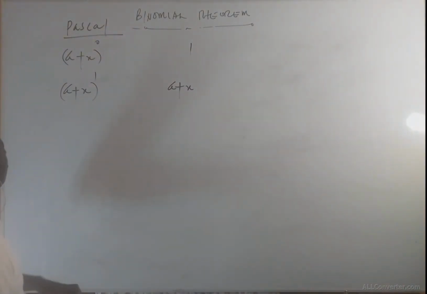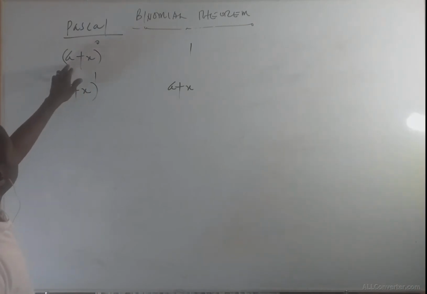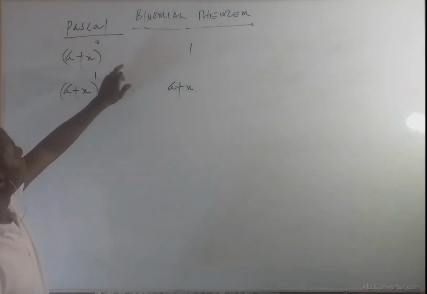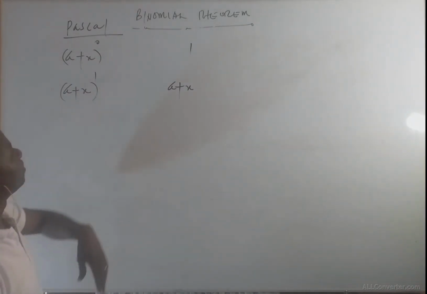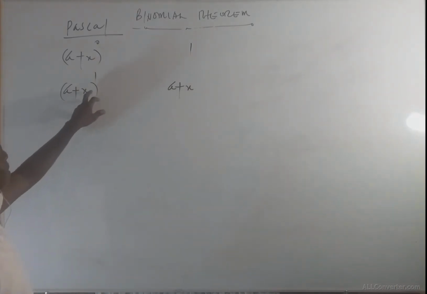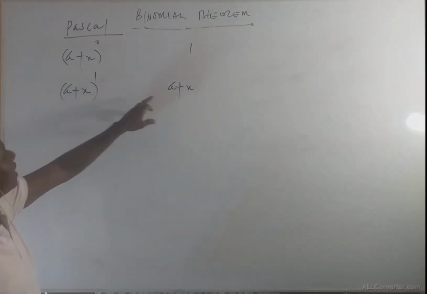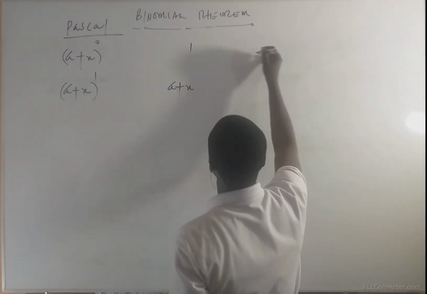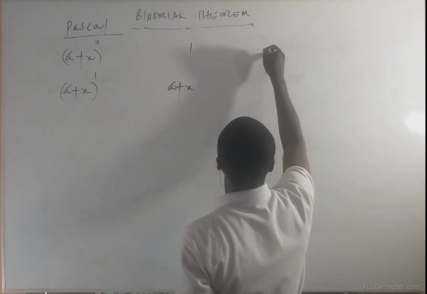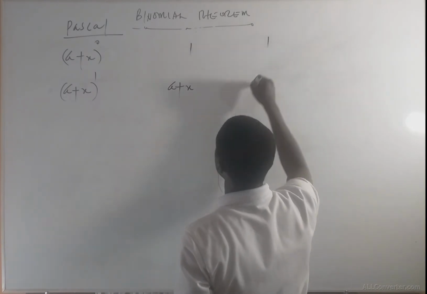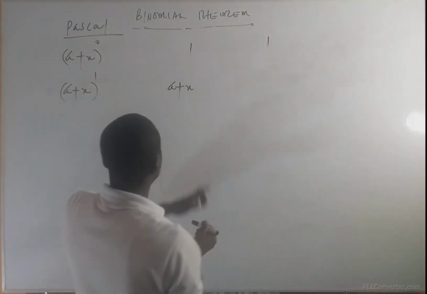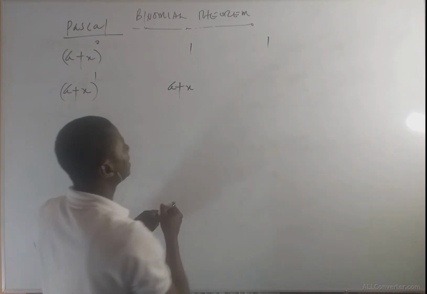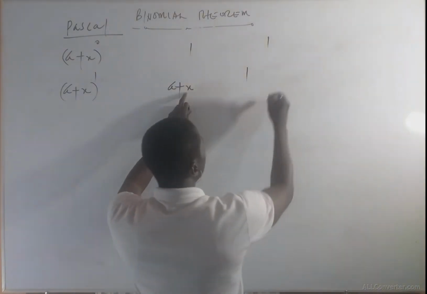Okay, so we have the binomial here. If you have a plus x exponent 0, the expansion will give you 1. If you have a plus x exponent 1, the expansion will be a plus x. So when I want to get the triangle, the coefficient of the a term is 1, and the coefficient of the x term is also 1.